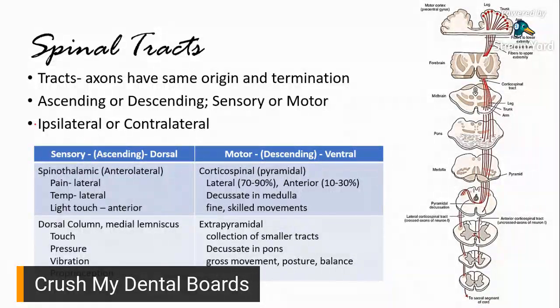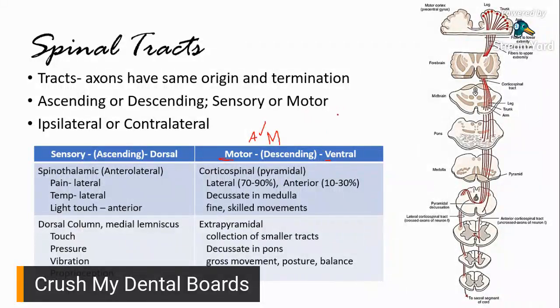Okay? So, when we talk about sensory tracts, sensory spinal tracts, we're talking about the ascending tracts kasi papunta siya sa brain. And dorsal, remember? AVM dito, A, anterior ventral motor. So, ventral motor, right here.